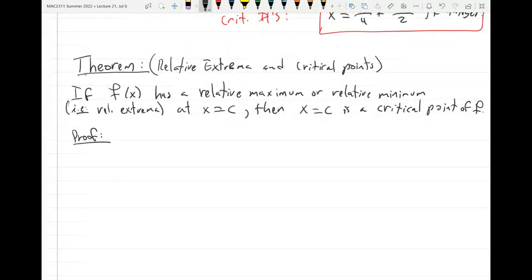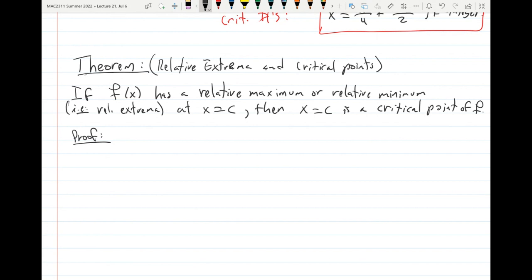So the way the proof is going to go is by contradiction. Okay. So what do I mean by this? Sometimes when we want to argue something, let's say that you want to argue a certain statement, sometimes it's beneficial to actually assume the opposite of what you want. Then starting with that assumption, you start working and doing a bunch of logical steps.